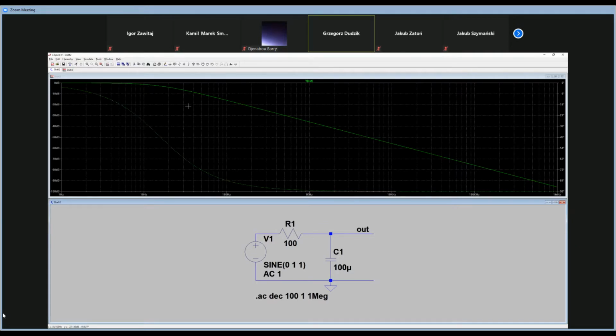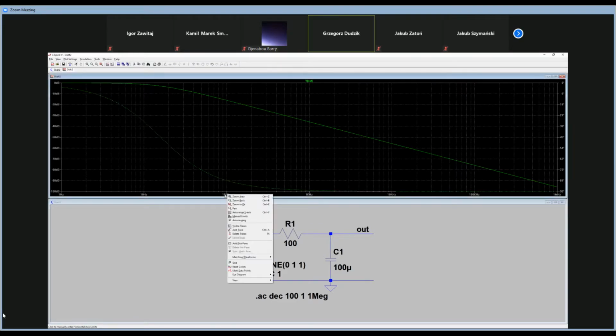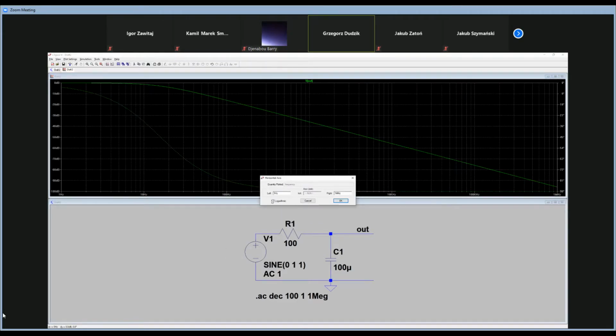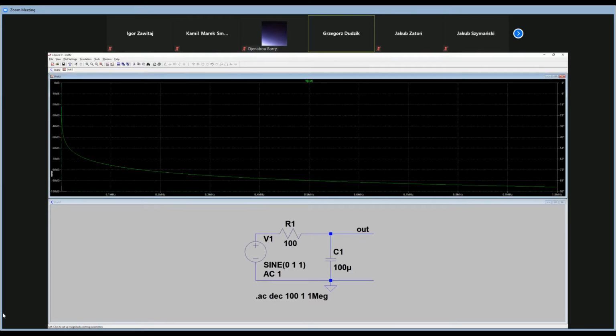However, you have to take into account that the x-axis here is the frequency, of course, but the axis is in logarithmic scale. If you change it to the linear one, our amplitude characteristic will look like that.